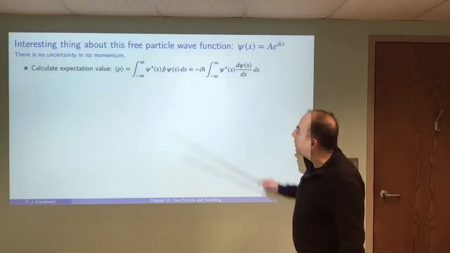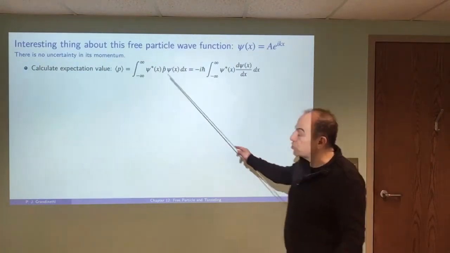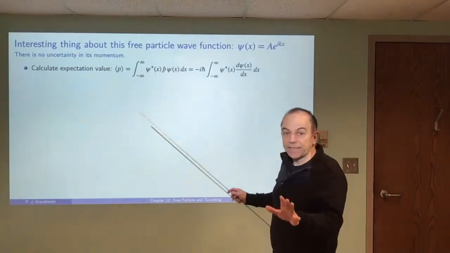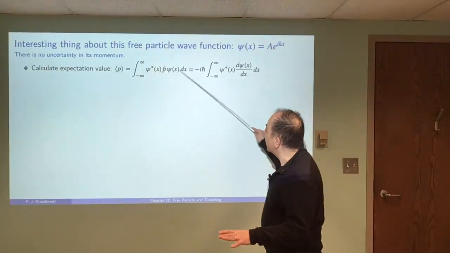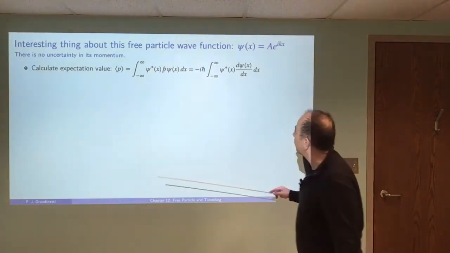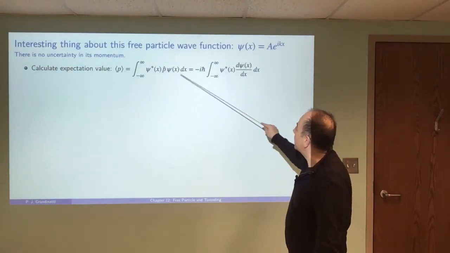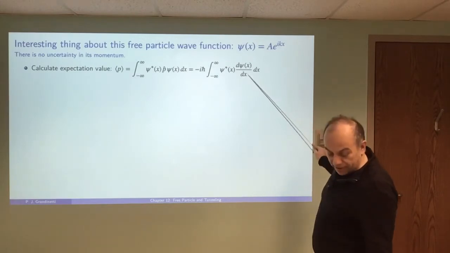Now, one thing interesting about this wave function is that there's no uncertainty in its momentum. So if I calculate the expectation value of its momentum, remember, we'll take our sandwich here and do the integral, and remember that my operator for the momentum is minus i h bar times the derivative.